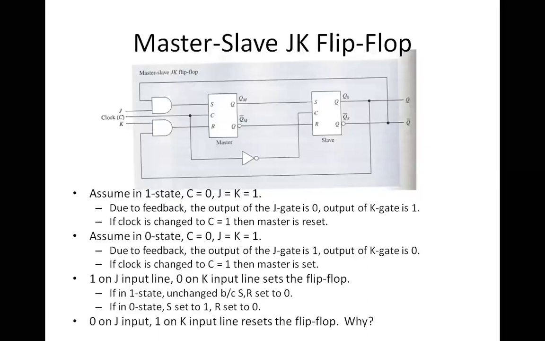Now I have a question. 0 on J input, 1 on K input line resets the flip-flop. Why?